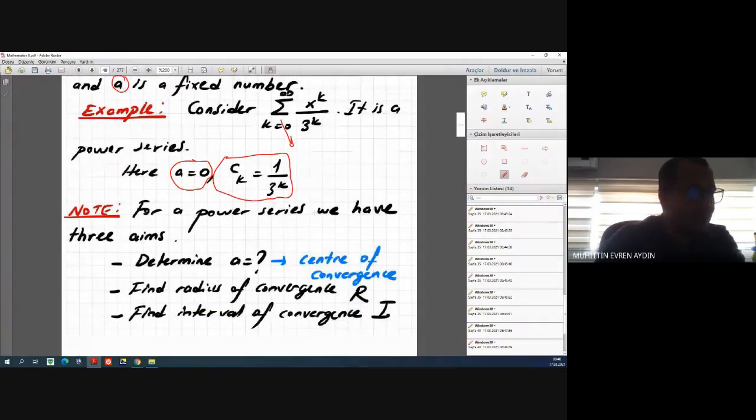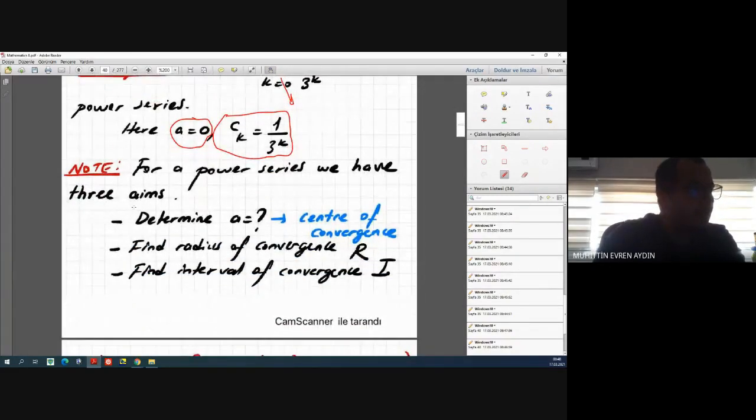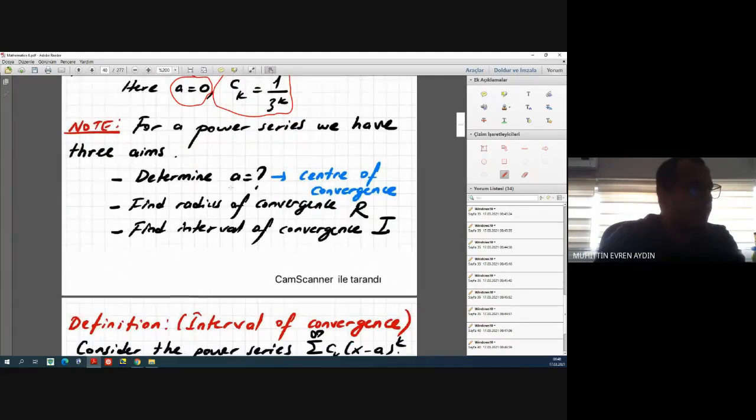For a power series, we have three points. The first one is to determine the value of a, called the center of convergence. From now on we call the constant a the center of convergence.